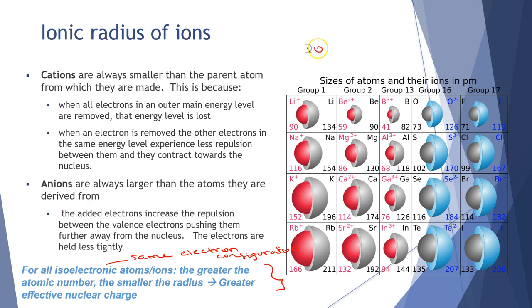It will have 10 electrons left. It will be isoelectronic with the noble gas neon. But because sodium has a greater atomic number, it would have a greater effective nuclear charge and therefore would have a smaller radius.